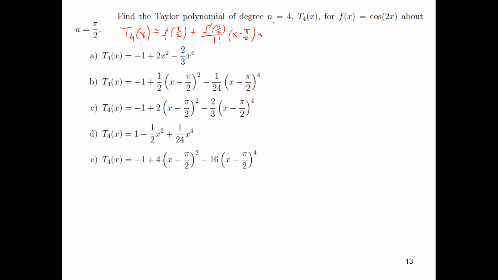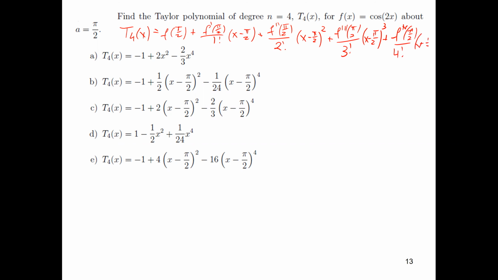Then the second derivative at pi over 2 over 2 factorial, x minus the center to the power of 2, and the third derivative at pi over 2 over 3 factorial, x minus the center to the power of 3, and the fourth one at pi over 2 over 4 factorial, x minus pi over 2 to the power of 4.